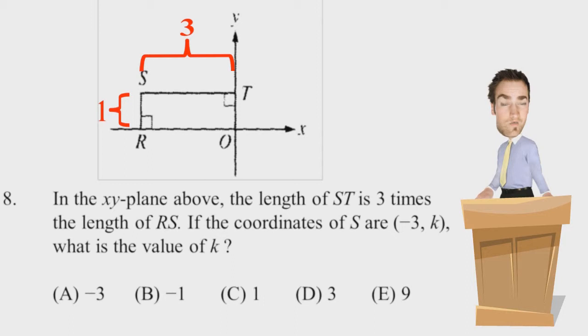All makes good sense. They're wanting the value of K. Well, K represented that coordinate of S. We know it's over a -3. How much up did you have to go? Well, you had to go 1 up. So clearly K is a +1. Fairly simple, nothing magical. It's drawn to scale. It looks correct. The answer is C.